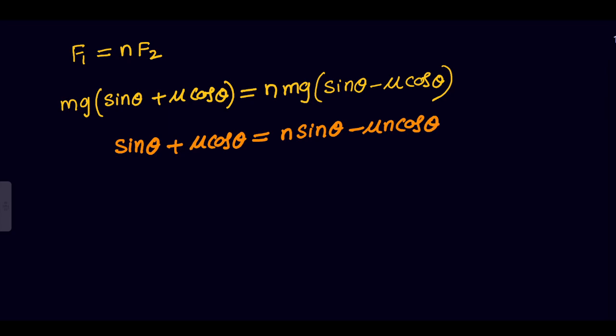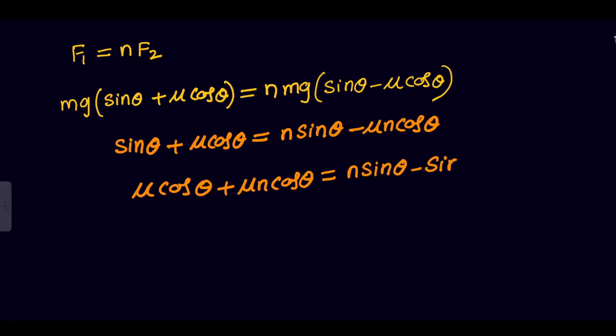All sine terms on one side, cos terms on the other side if we bring them. So we get mu cos theta plus mu n into cos theta, which is equal to n sin theta minus sin theta.